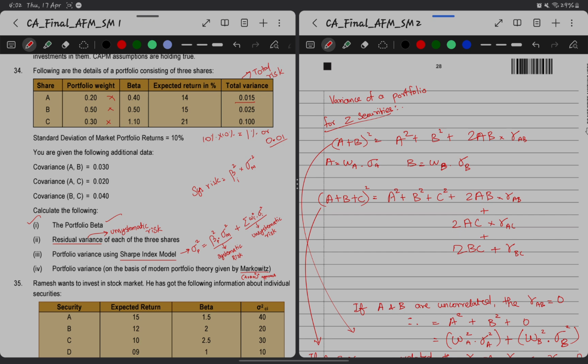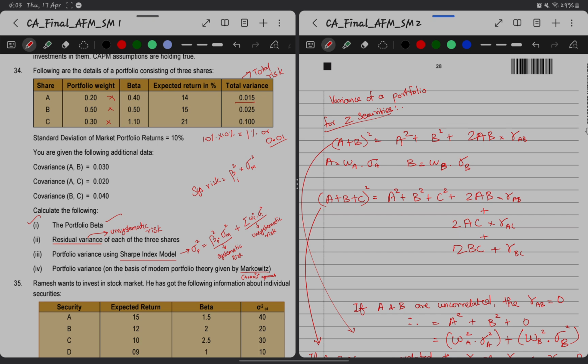We are majorly focusing on the unsystematic risk portion. So for total risk also the same formula, or for the unsystematic risk portion also the same formula. But since in case of unsystematic risk, the correlation between the stock and the market return, or the covariance between the stocks itself, will be fully uncorrelated. There will not be any correlation.